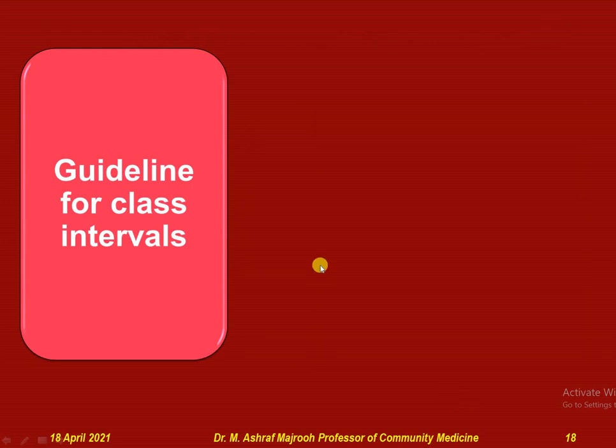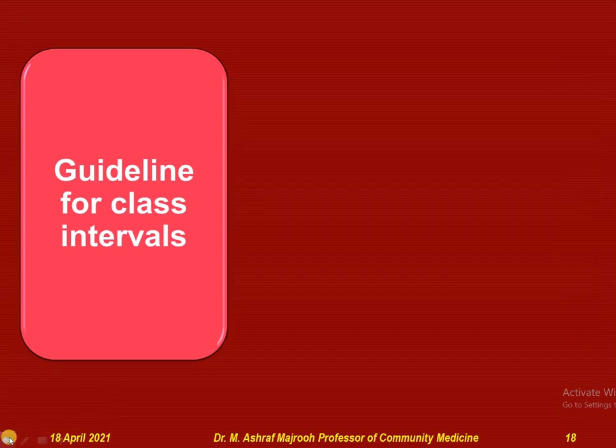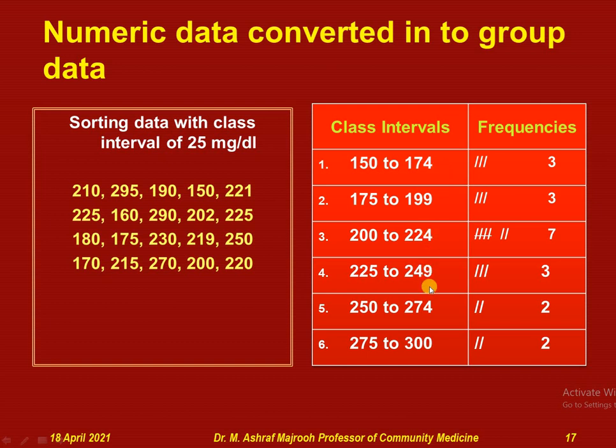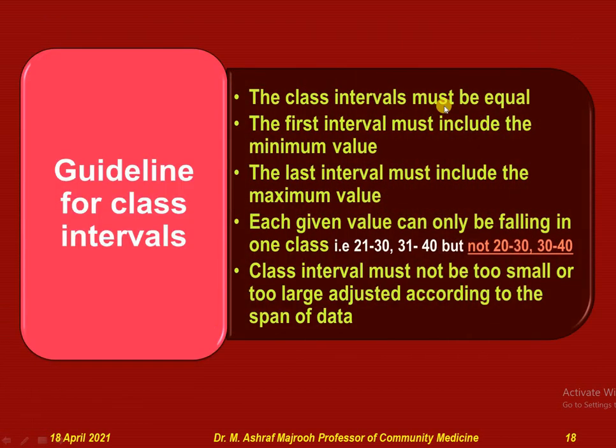Now, what are the guidelines for the class intervals? This is very important to learn. The class interval must be equal. As we have observed in our previous slide, all class intervals are equal. So the first guideline is equal class interval.